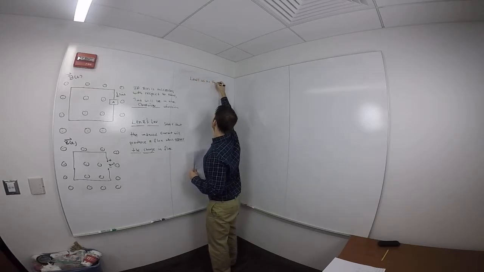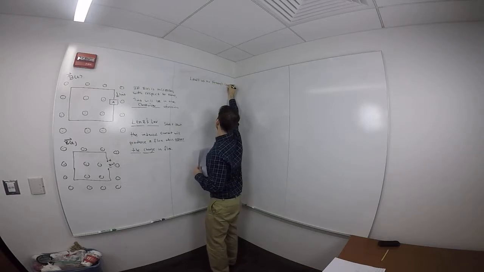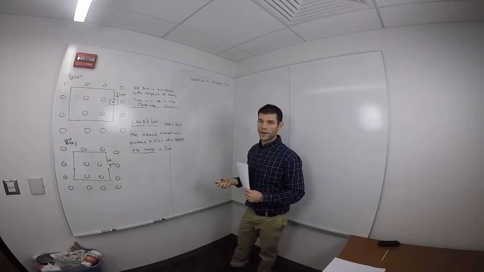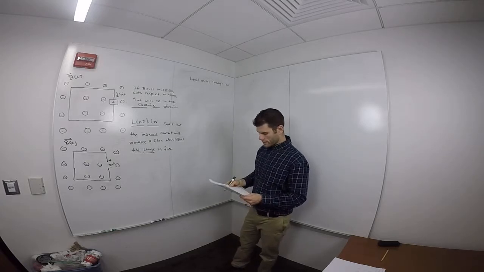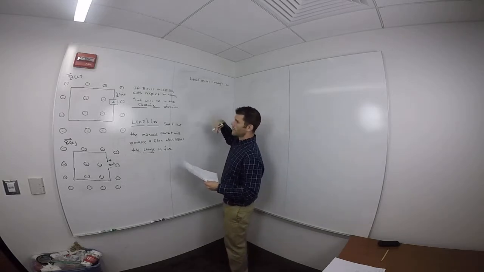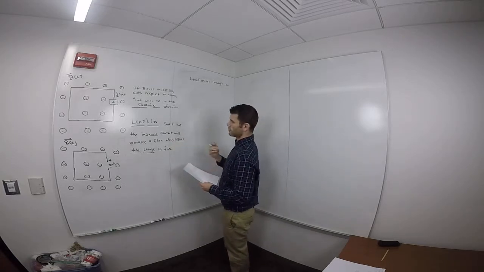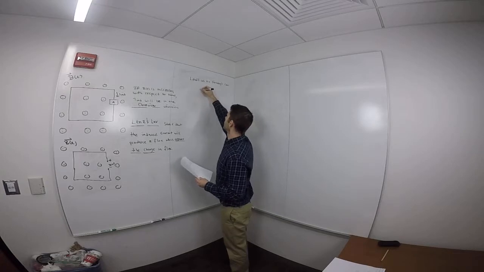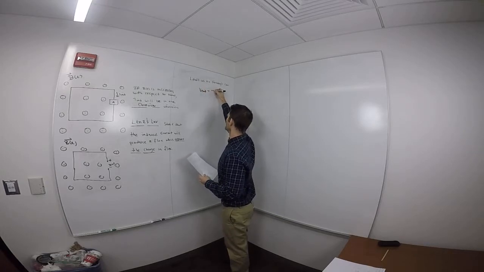Faraday's law. Now remember, we're considering dynamics here. This is no longer statics. So if we look at Faraday's law, the simplest way to do this, if we have multiple loops of conductor, the EMF, the induced voltage, would be negative d lambda dt.